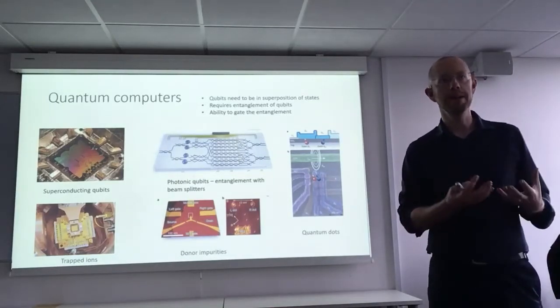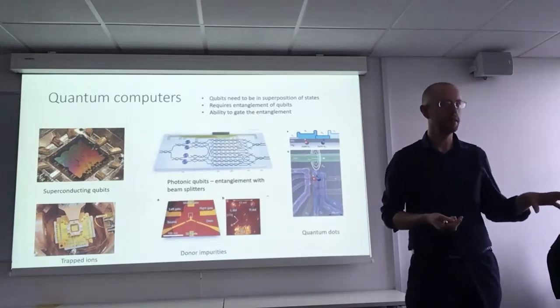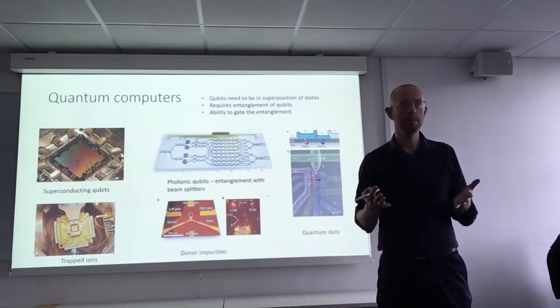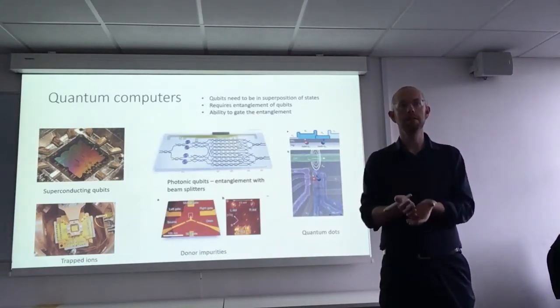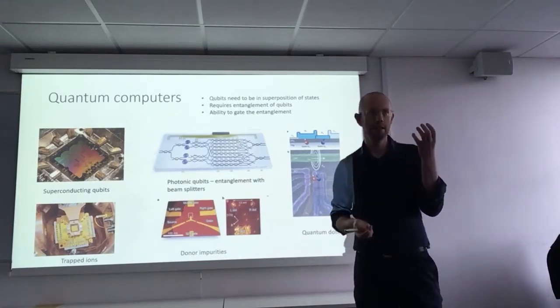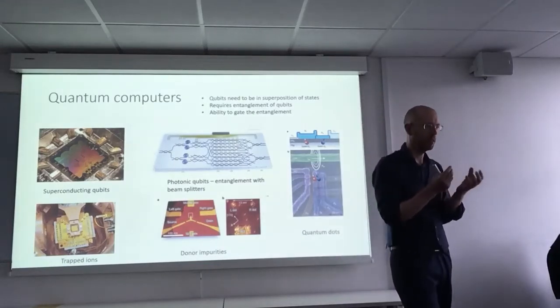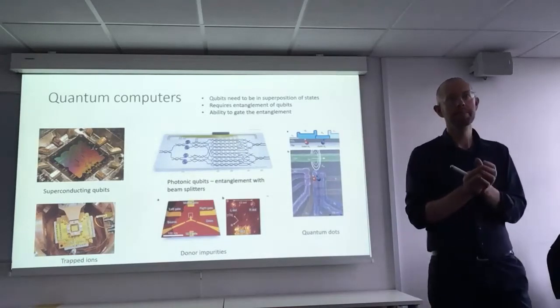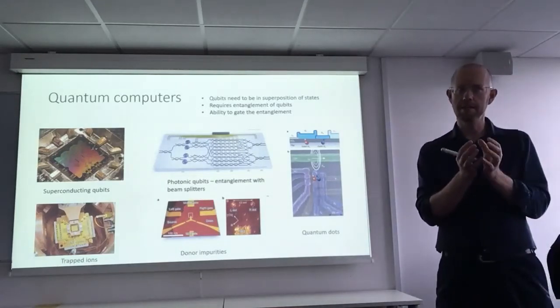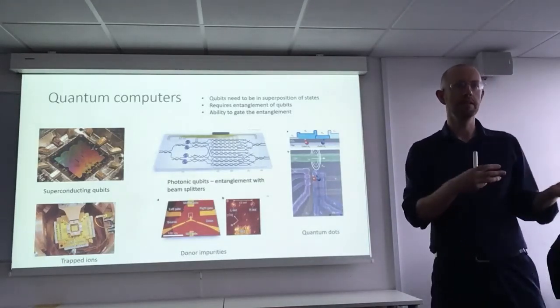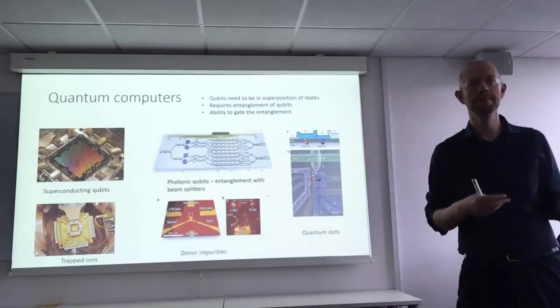Instead of a bit that we get in a classical computer, a quantum computer is built of qubits. A qubit is just something that can be in a quantum state. This is a very different state to a classical bit, which is a 1 or a 0.